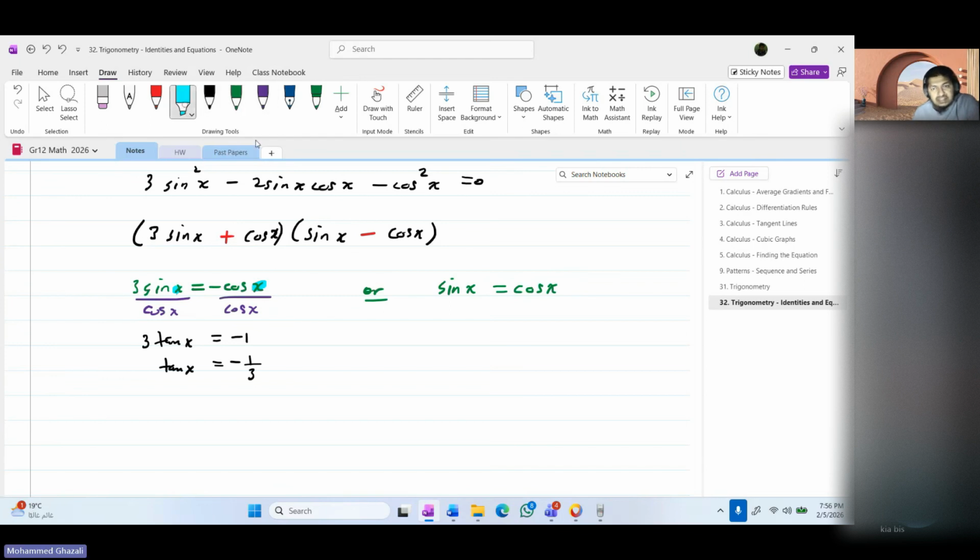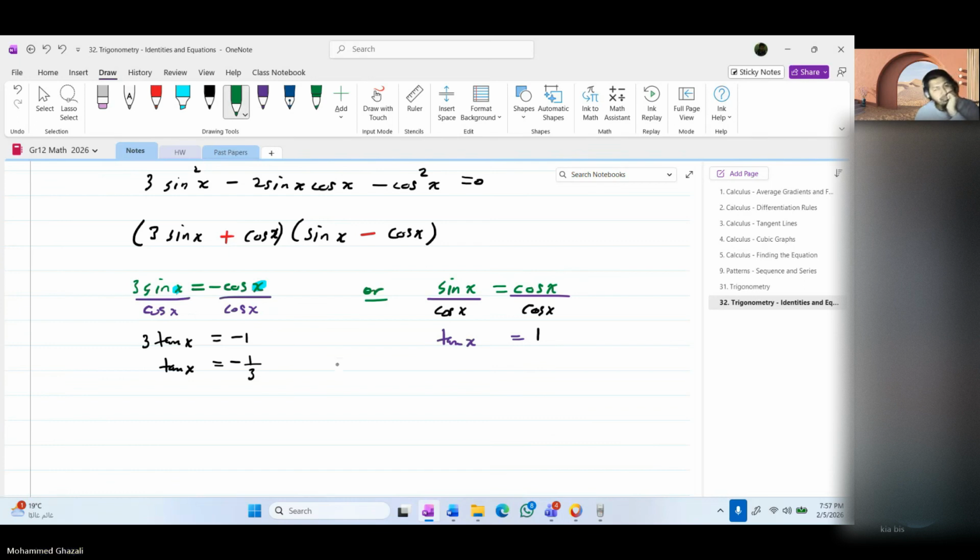And you can do the same on this side. We're dividing it by cos x, dividing it by cos x. Cos divided by cos is 1.